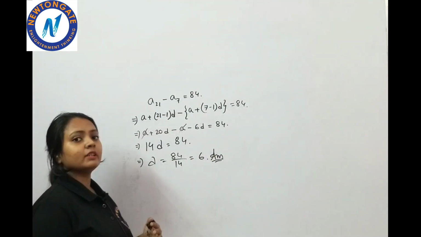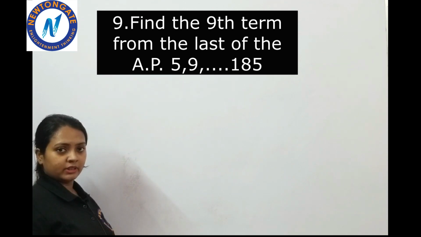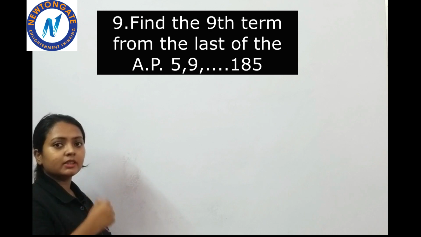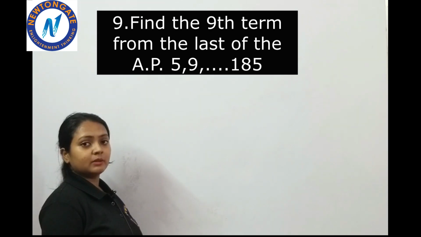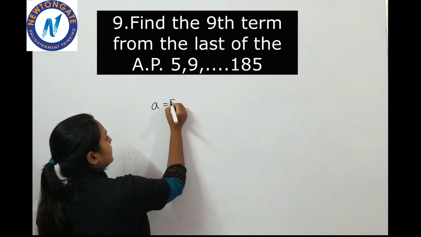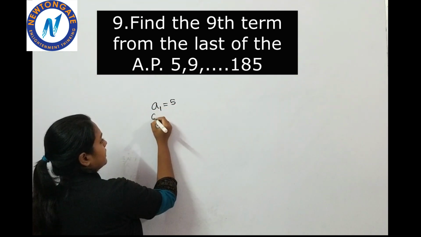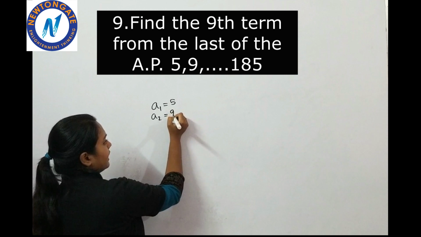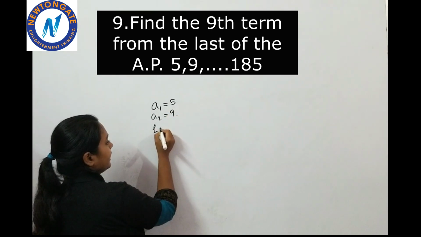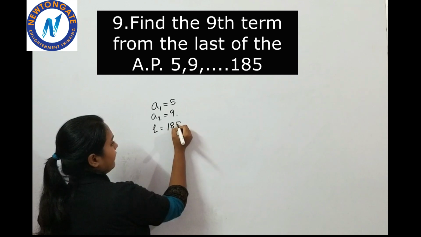Okay, come to the next question, question number 9. In that question, we will find the nth term from the last of the given AP, right? The first term of the AP, A, is 5, and the second term is 9, and the last term, which we denote by L, is 185.